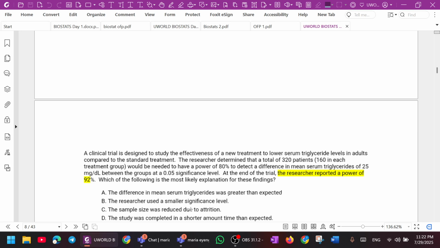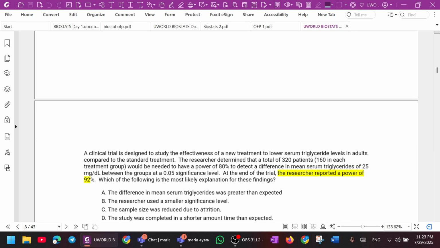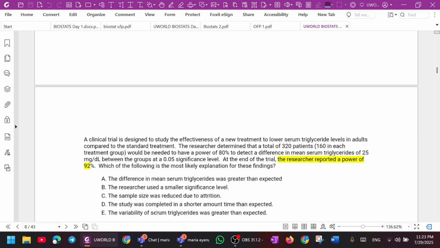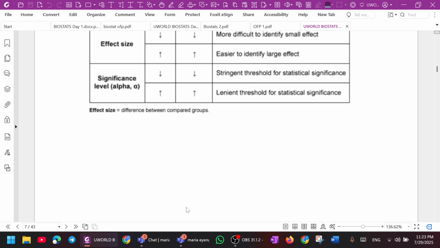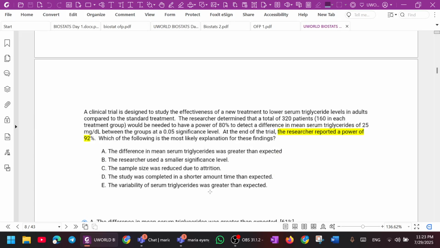So smaller significance is ruled out. Option B, sample size was reduced due to attrition. This is also false because sample size should be increased. The study was completed in a shorter amount of time. Here there is no time variance, so it is also eliminated.